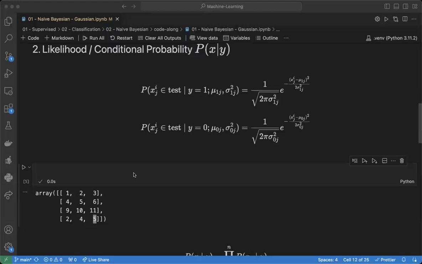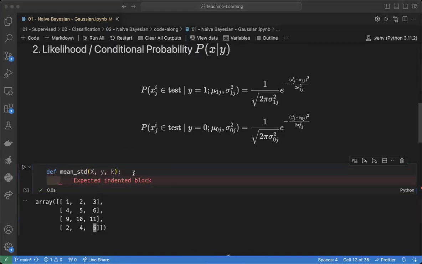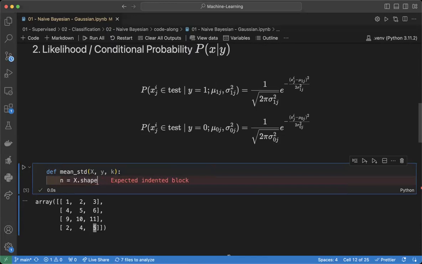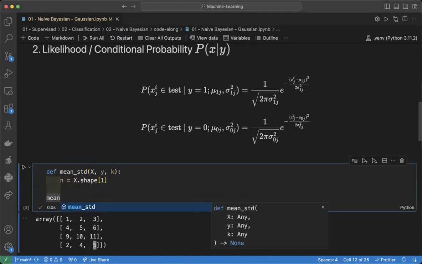All right, so let us create a function with x, y, k, and n is equal to x.shape[1], right? So this is the number of features. Let us make sure what we want, right?